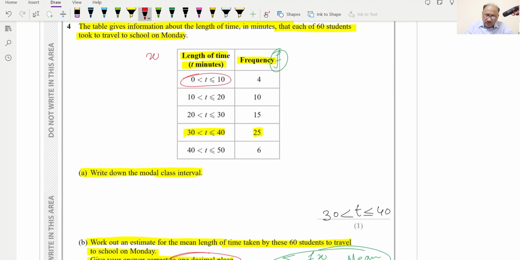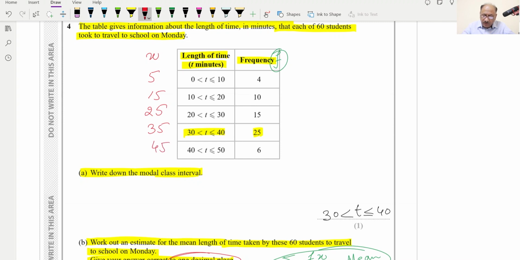The midpoint of 0 to 10 is 0 plus 10 divided by 2, which is 5. Similarly, the midpoint of 10 and 20 is 15, of 20 and 30 is 25, of 30 and 40 is 35, and of 40 and 50 is 45.